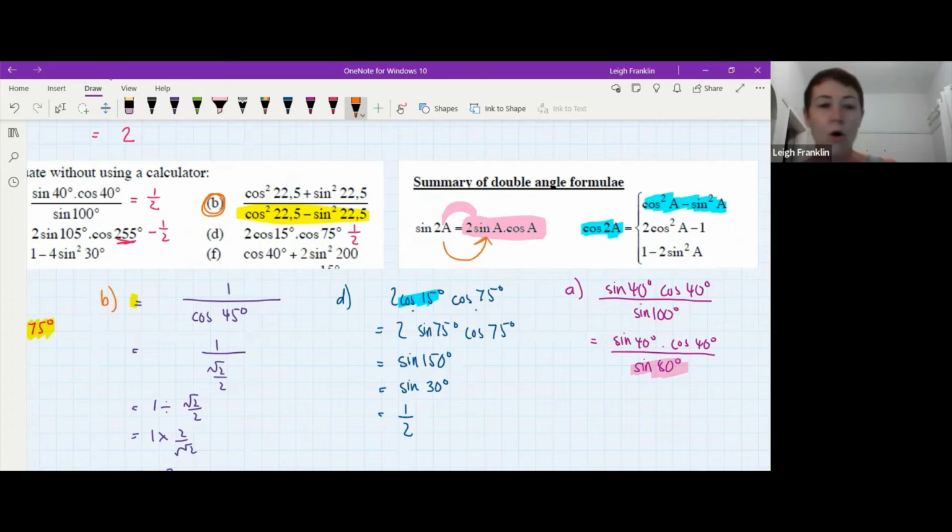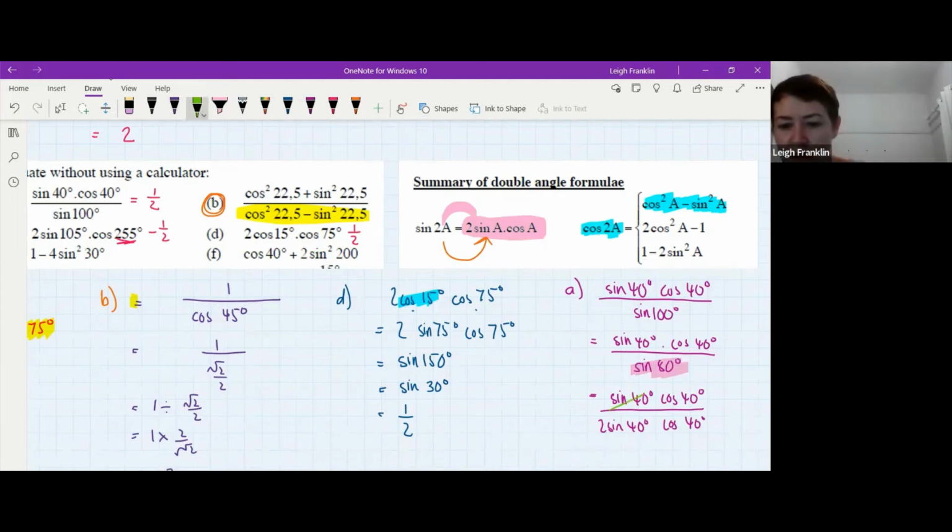So we write this as sine 40 cos 40 over 2 sine 40 cos 40. Very similar to the example: anything divided by itself is 1, and our final answer is 1 over 2.